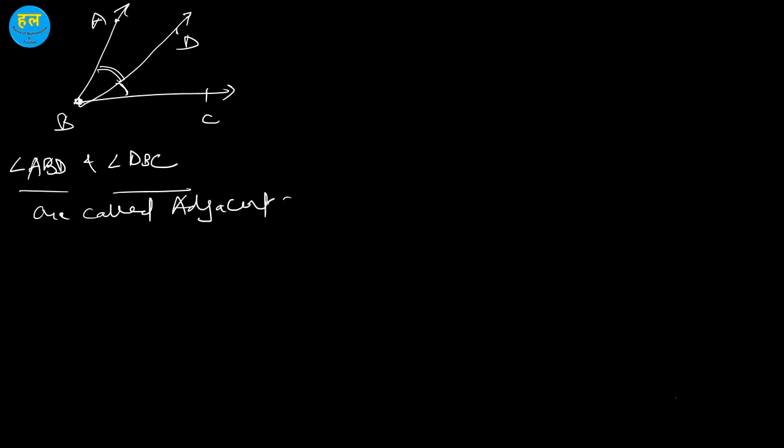So these angles which are forming here, like angle ABD and angle DBC, these angles are called adjacent angles. Why are they called adjacent angles?